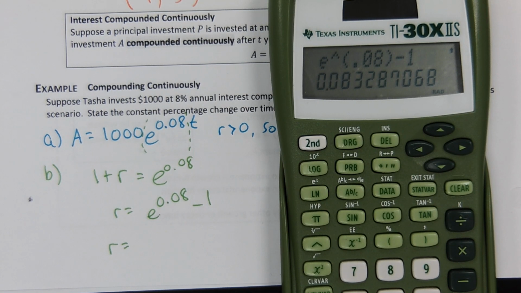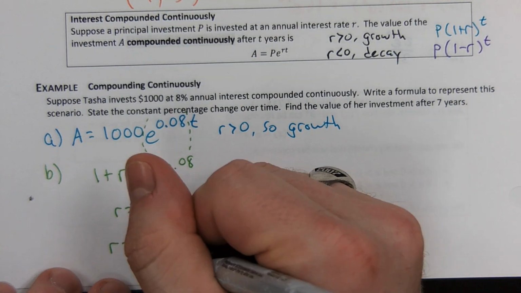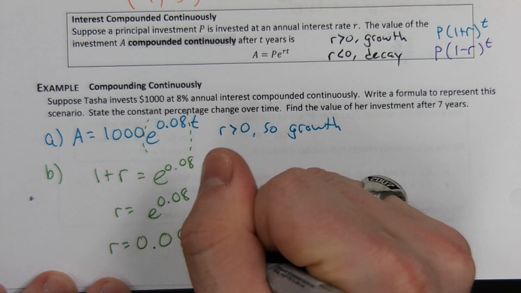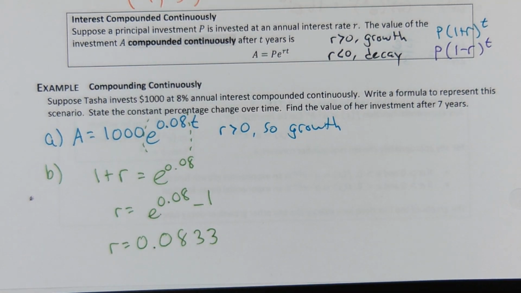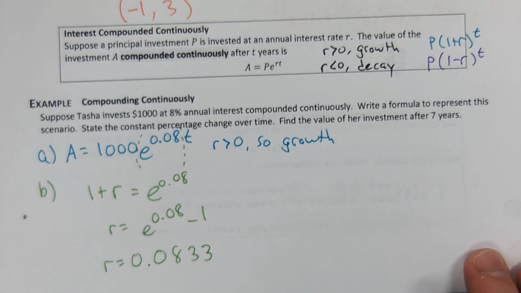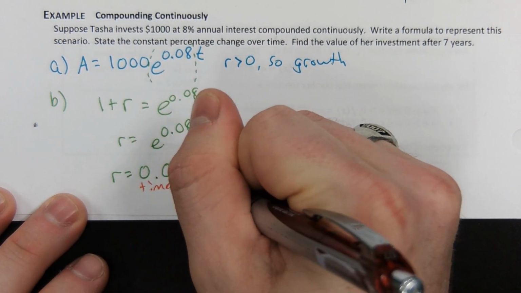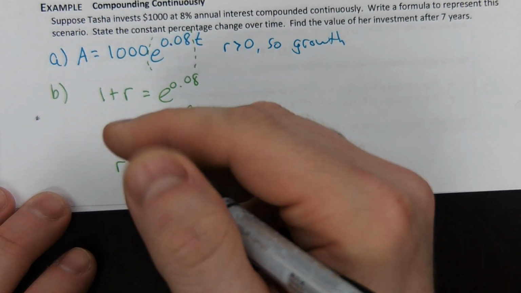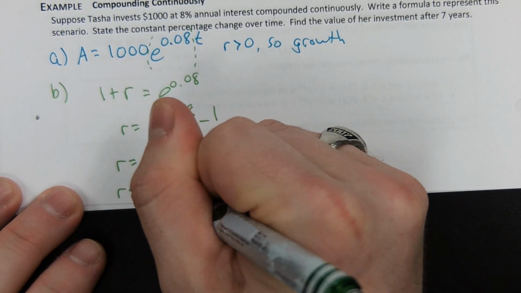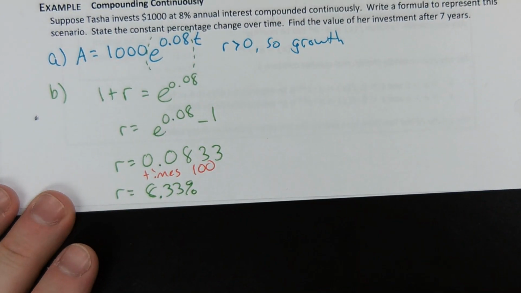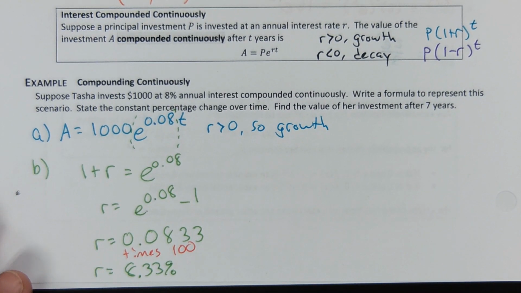Booyah! 0.0833. I rounded to the first 3 decimals that weren't zeros. Why? Because I wanted this as a percent. 8.33% yearly. So an 8% continuous rate is equivalent to over 8.3% yearly.